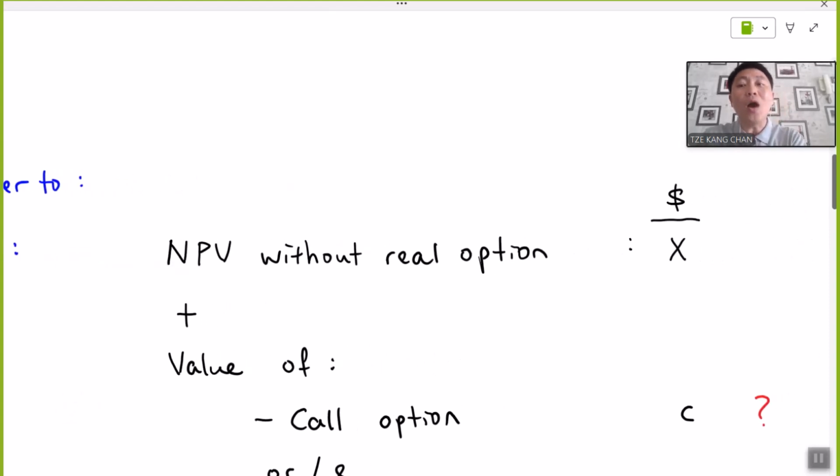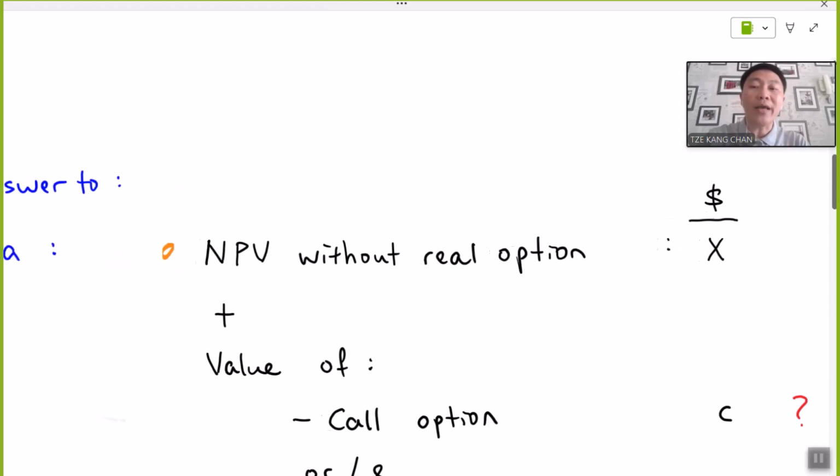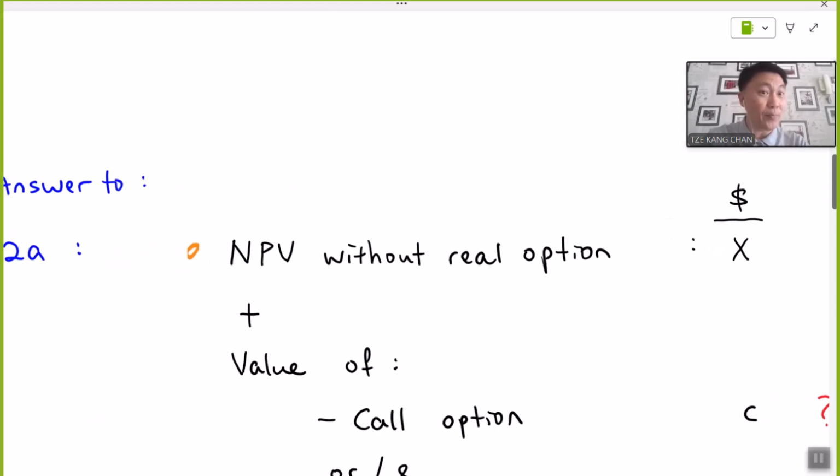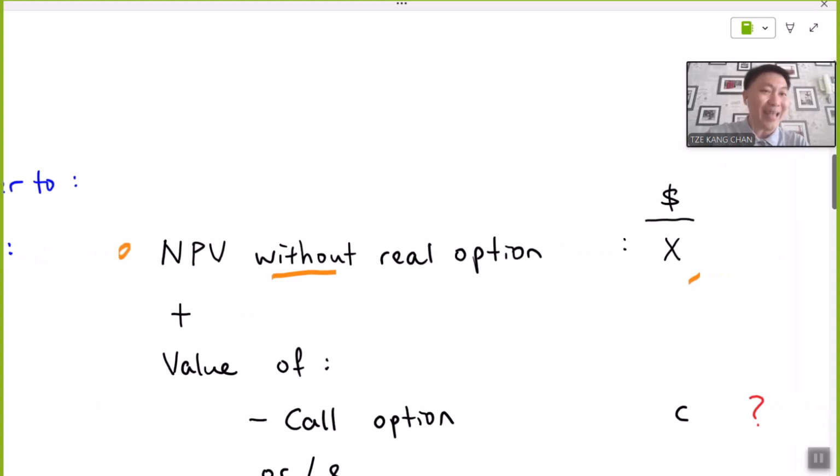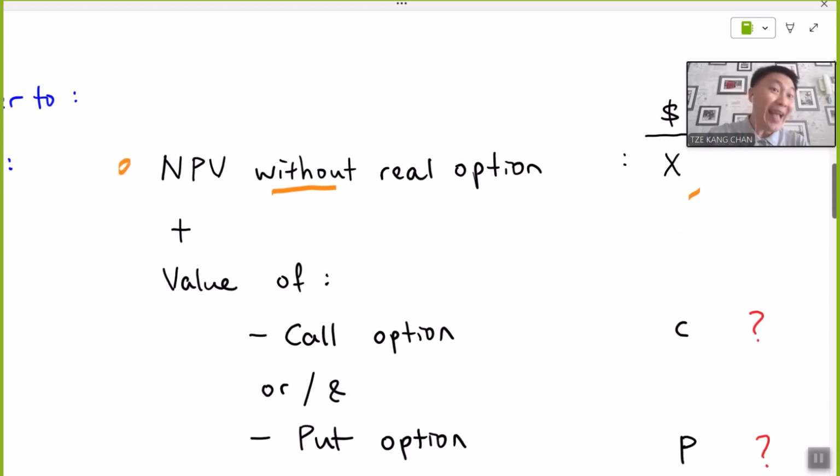Firstly, you are required to derive the net present value of the project by ignoring the presence of the real option. That calculation is no different from the typical net present value that you may have learned before. However, that's not the end.